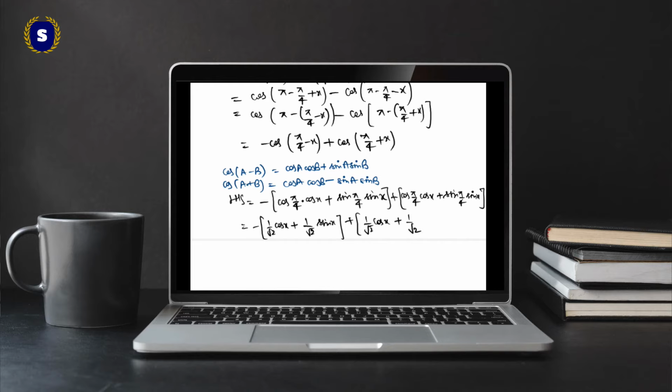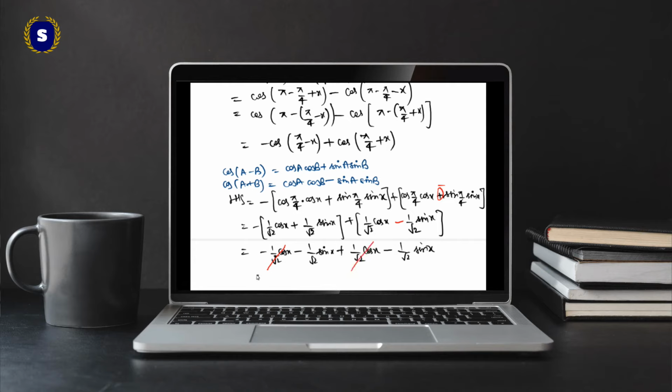Sorry, here it was minus, so I'm going to use minus here, sin x. So this will become minus 1 by root 2 cos x minus 1 by root 2 sin x plus 1 by root 2 cos x minus 1 by root 2 sin x.